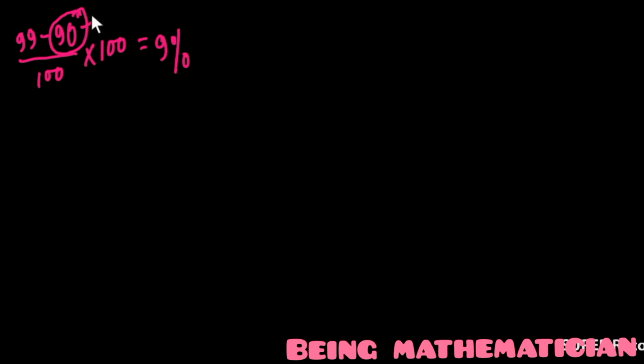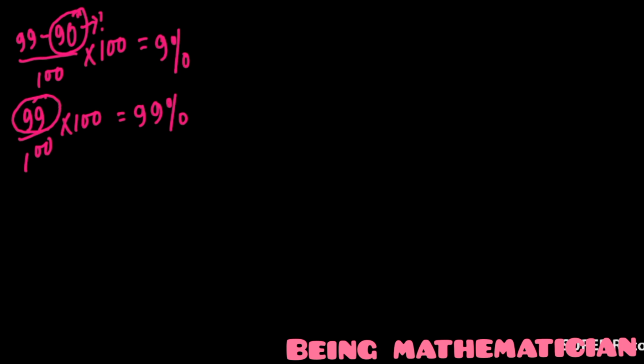So it is a very wrong step, a lack of conception. Second, most of the students do 99 by 100 into 100 equal to 99%. Here the students don't understand how to calculate the net increment or depreciation on the whole. Here they forget to calculate the difference in the whole calculation.